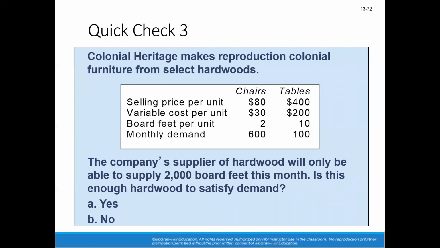Colonial Heritage makes reproduction colonial furniture from select hardwoods. The company's supplier of hardwood will only be able to supply 2,000 board feet this month. Is this enough hardwood to satisfy demand?